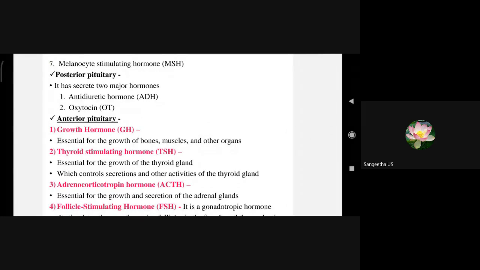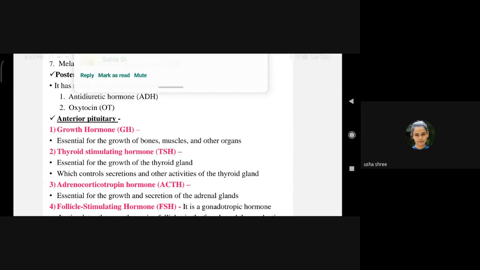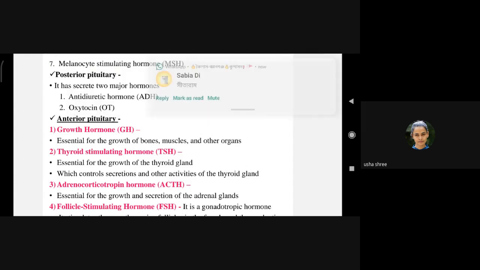As much as ADH will increase, the concentration of urine will increase. The reduction in ADH will increase the volume of urine. Okay, clear? In the case of diabetes insipidus, the volume of urine increases because there's a reduction of antidiuretic hormone. Yes. Okay.